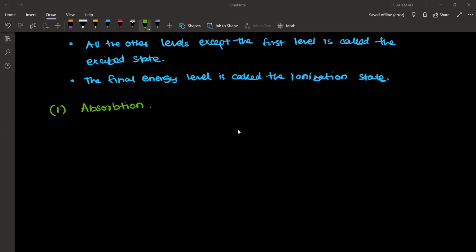Absorption means now what we are going to do is excite the electron. So initially the electron is at energy level E1.